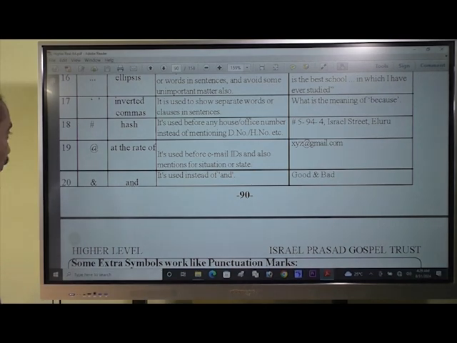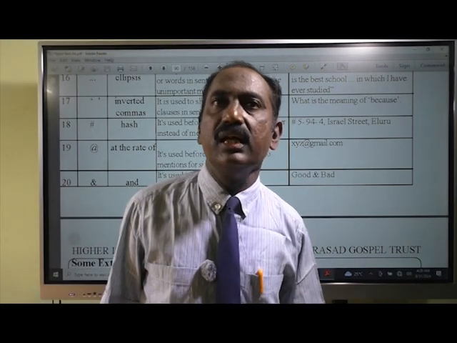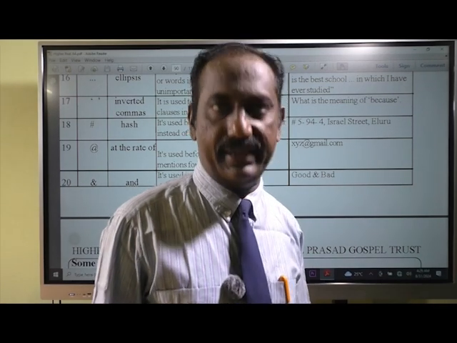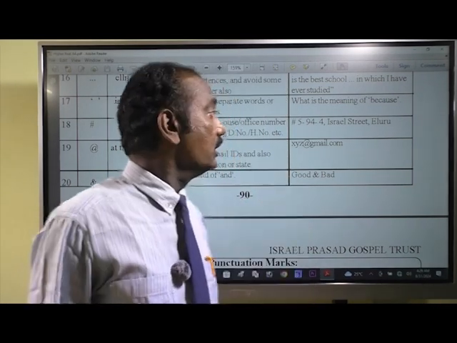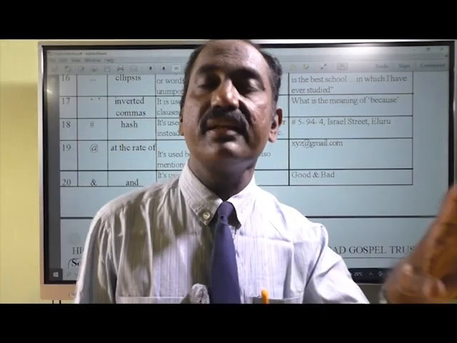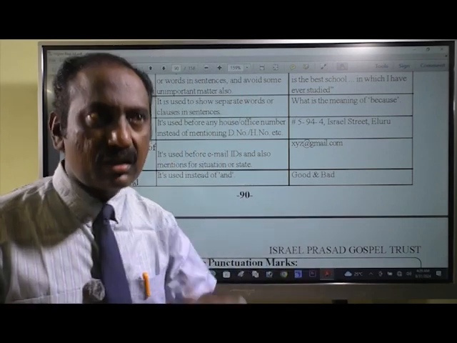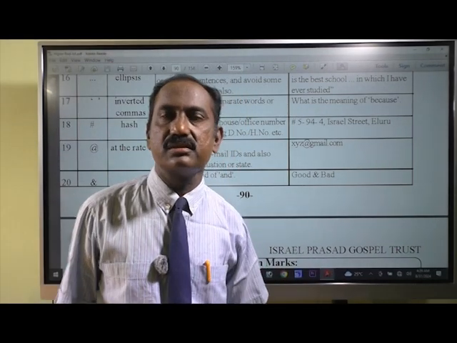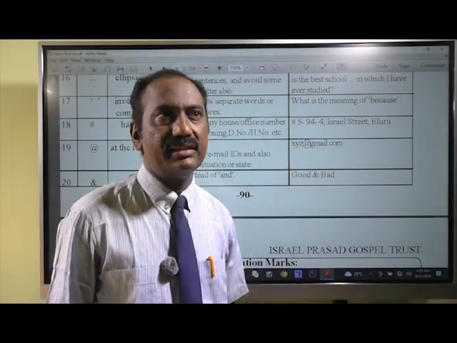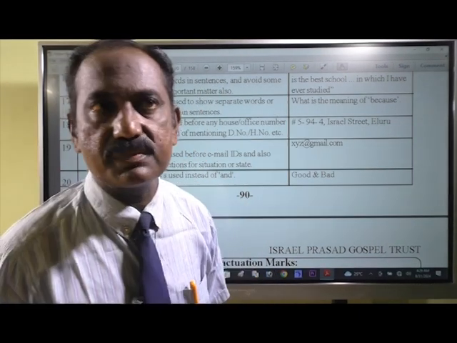And at the rate is used for email user IDs. And also, nowadays people are using at the rate for particular mentioning of related things or cost. This cost at the rate, this person at the rate, that means belongs to.